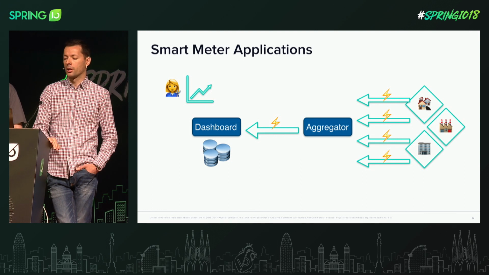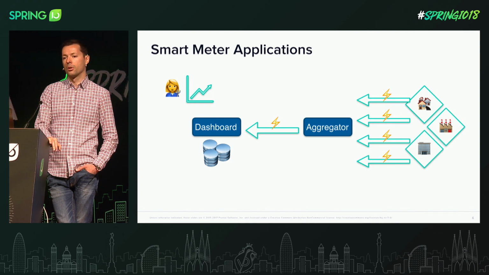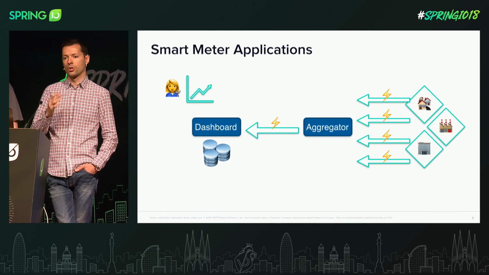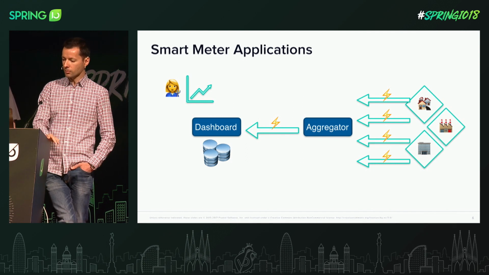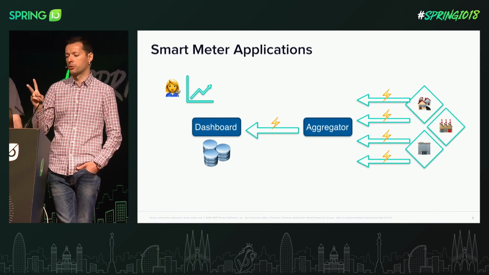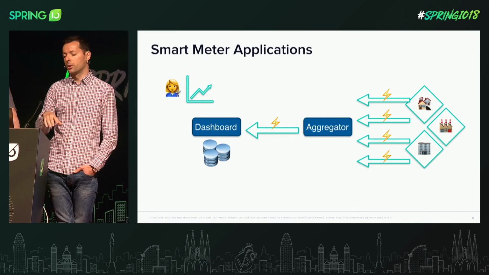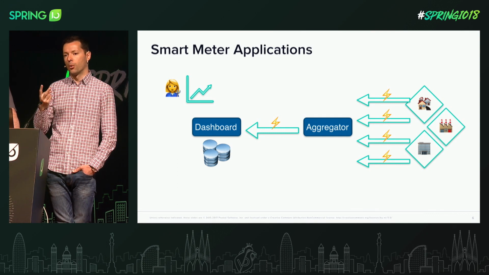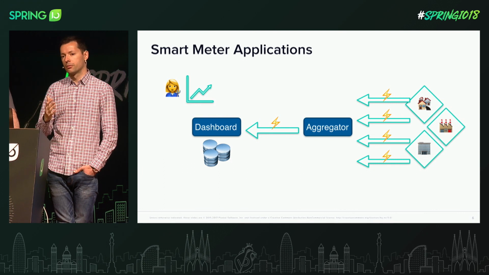She'd like to know more depending on the zone, and she also would like to have some historical data as well, not just the live data, but something collected for the previous hours, let's say. So we've got two applications, the aggregator and the dashboard. The dashboard will process the data, store it in a database, and present both live stream and historical data to the operator for her job.